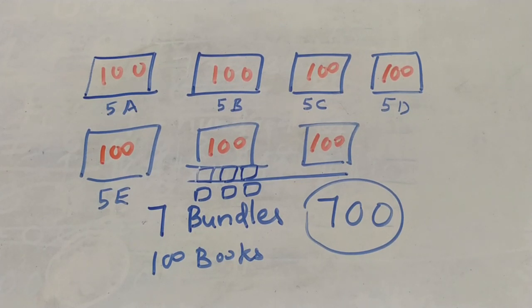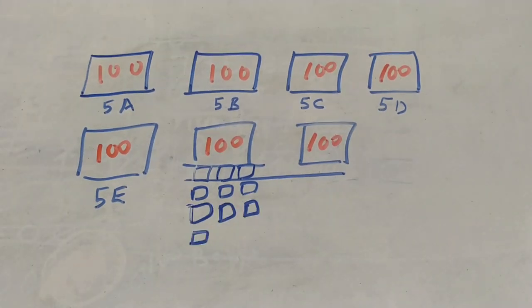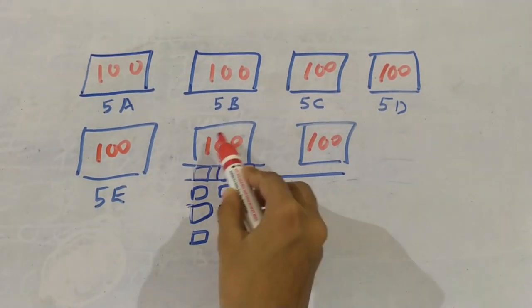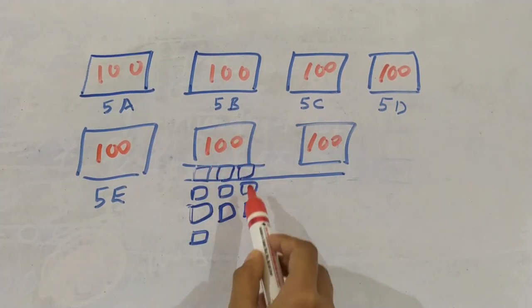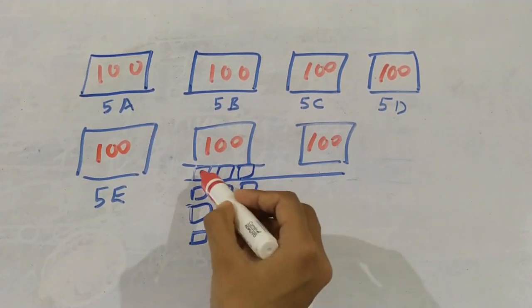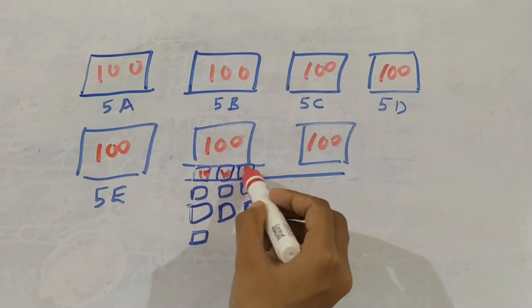So there will be 10 bundles in which 10 notebooks will be there in each bundle. Okay, so now you can see from this bundle I made 10 bundles. Okay, each containing 10 notebooks.